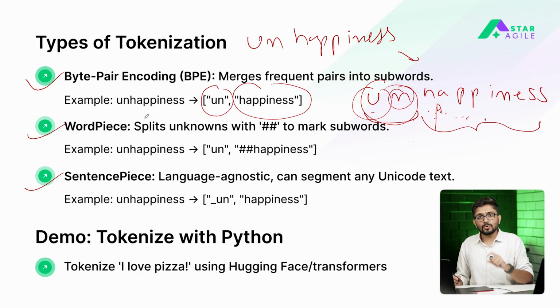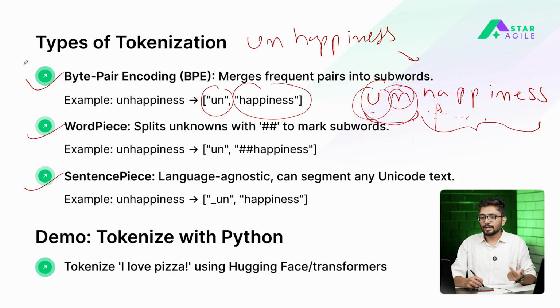So in sentence piece tokenization, the tokenization basically happens at a character level itself. So a sentence piece tokenization will basically divide your entire text into individual characters and then just use those individual characters at the time of processing. And all the popular models out there will use one of these techniques for generating text.